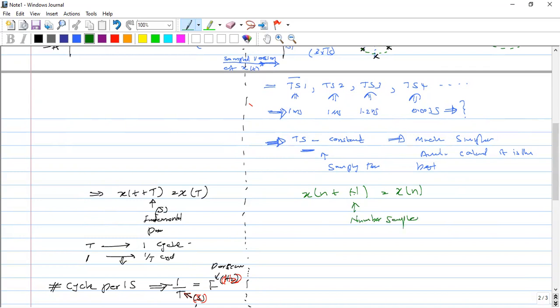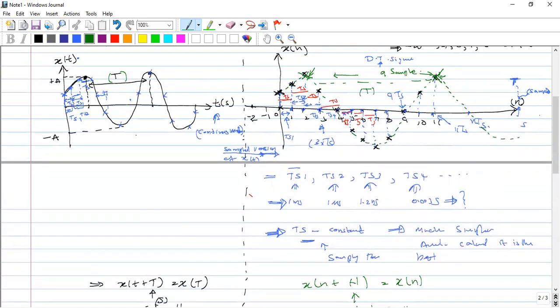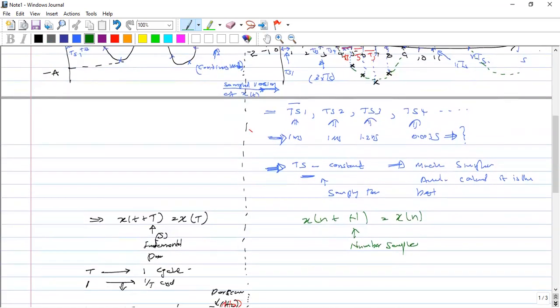For example, we take N equal to 9. That means after 9 samples, 1, 2, 3, 4, 5, 6, 7, 8, 9 samples, we will get the same sample here. So N is equal to 9 here. I take it as an example.